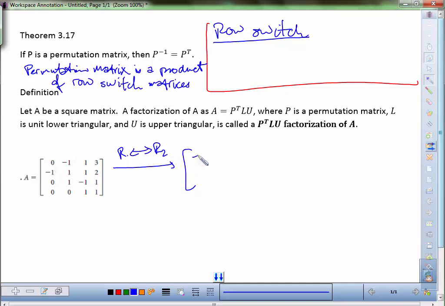And so the row swap is going to give me a -1, 1, 1, 2 for the top row, and then 0, -1, 1, 3. And then I have a 0, 1, -1, 1, and a 0, 0, 1, 1.